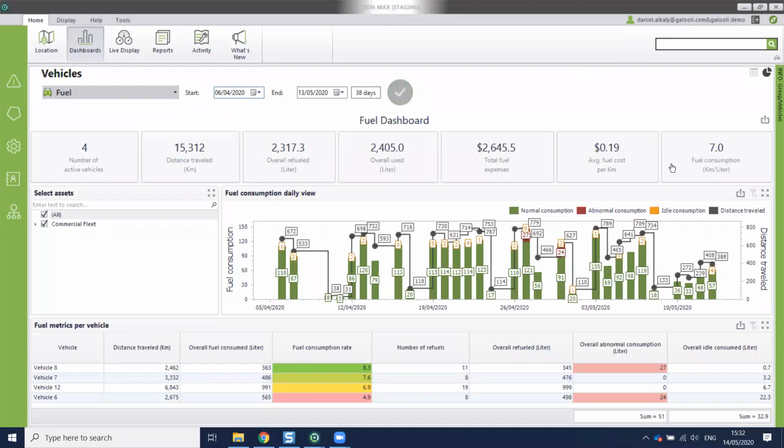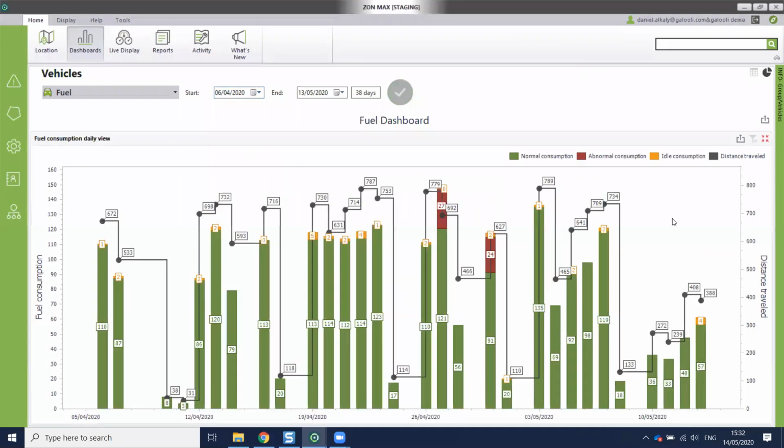Okay, so now we're seeing a month. Of course, if you're looking at a month, you could see additional patterns and more information than simply looking at 8 days. Here we see, for instance, there are several days with abnormal consumption. And I'm sure if we take a deeper look, we could also identify certain days where there's less correlation between the distance and the fuel which was consumed.